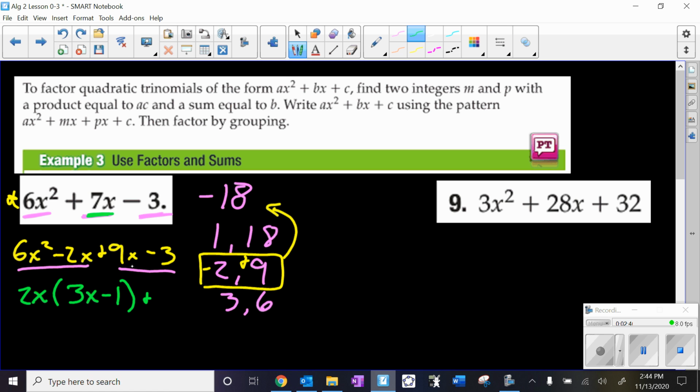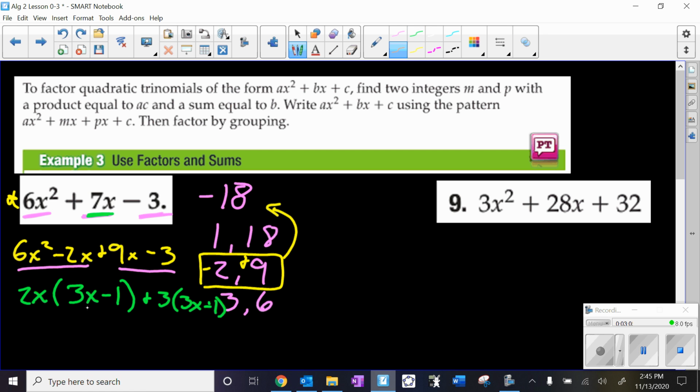Plus, the greatest common factor between 9x and 3 is 3. If I take out a 3, 9x divided by 3 is 3x, and negative 3 divided by 3 is negative 1. Now, if you notice, inside the parentheses they're exactly the same thing, which is a good thing for us.